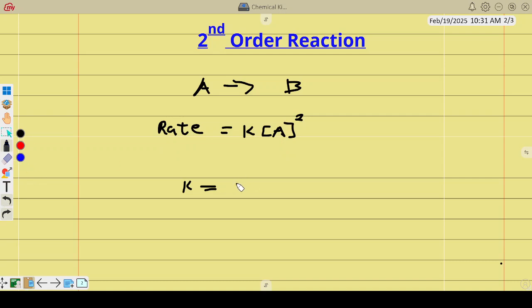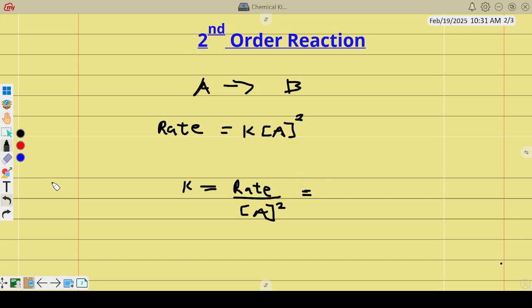We'll have K is equal to rate over concentration of A squared. So it's just a matter of knowing the units, and this time I'll give you both units. Yeah, for the other one it only has seconds. Yeah, so there are no complications, but here they can trick you so bad.